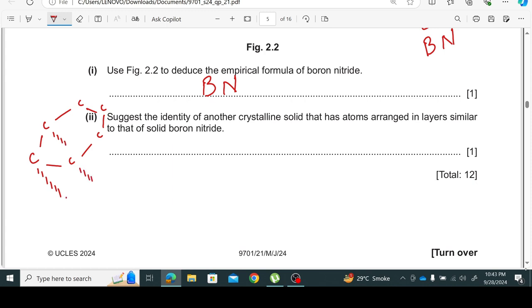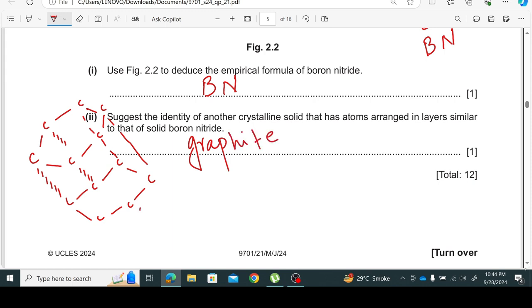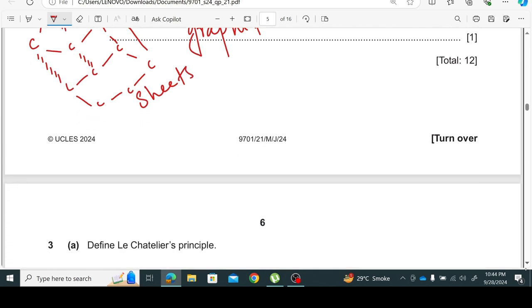You can draw another layer with carbon, carbon, and carbon like this. So your answer is graphite, because both have giant covalent sheet-like structures, with different sheets.